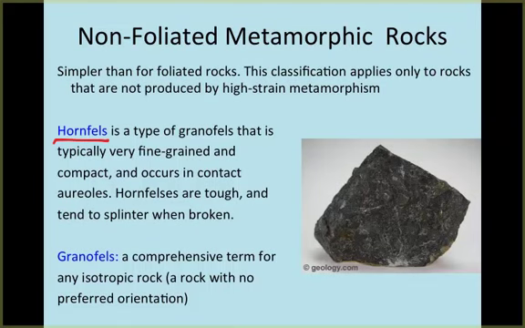It's either a hornfels, that is a very fine-grained rock that forms in contact aureoles, or we have a granofels, which is a coarse-grained rock with no particular texture. And I'll get to how you use these names to actually name a rock. But if there is no foliation, then you can't apply slate, phyllite, schist, or gneiss, and you must choose one of these terms.